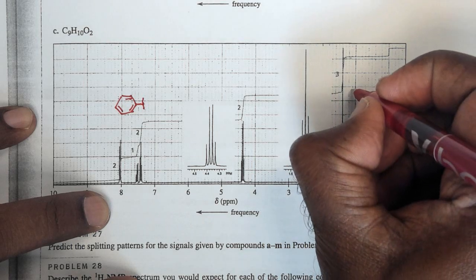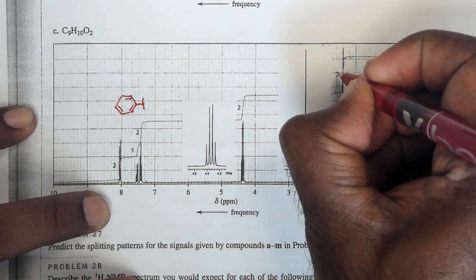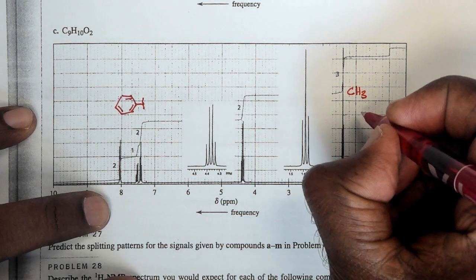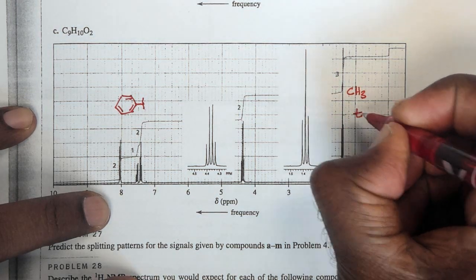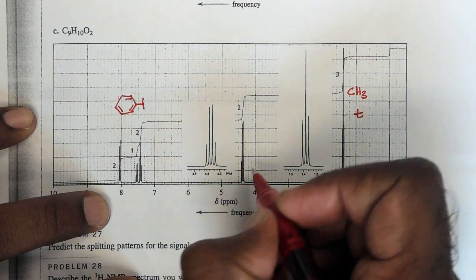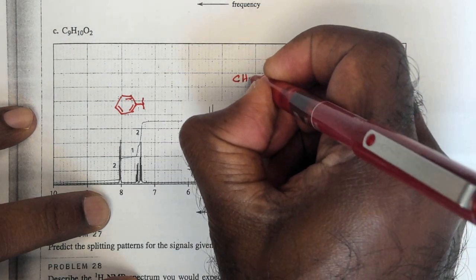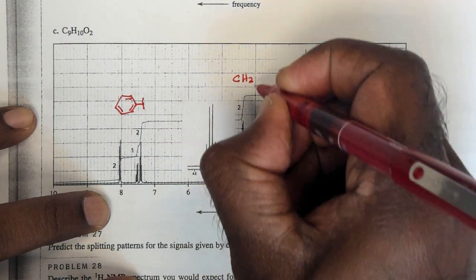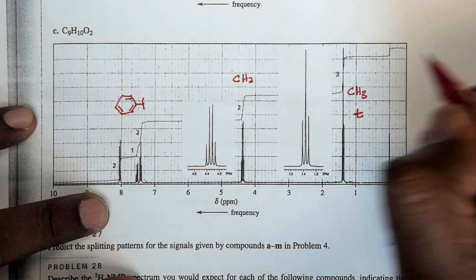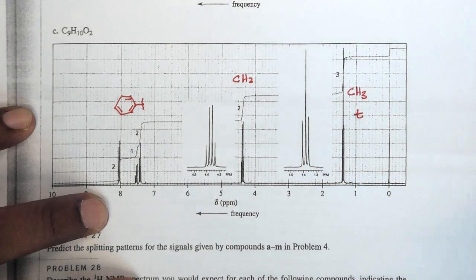One is in the methyl region of the spectrum, also integrates to 3 protons, and is a triplet, as we can see from there. The other is a CH2 from the integration. We can't use chemical shift here because this is de-shielded by something. So integration tells us it's a CH2.